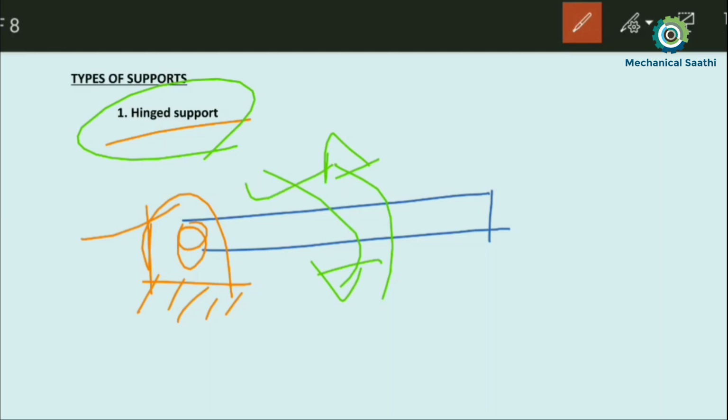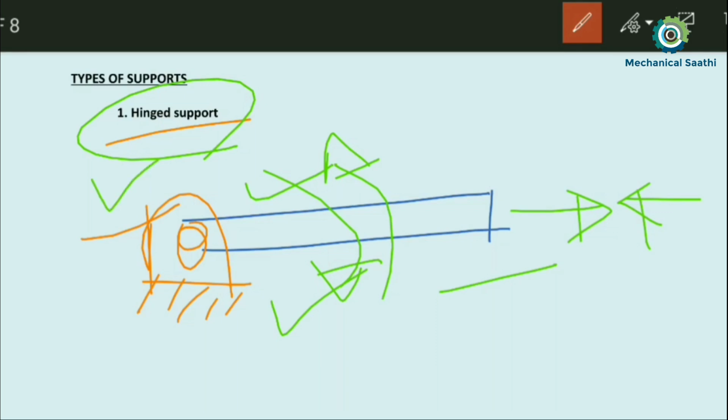But if we try to apply some force in this direction or in this direction, then it cannot move. That means it does not allow translational motion, but it allows rotational motion. If we draw the resistances offered, then for any rotational motion there will be no resistance developed here.